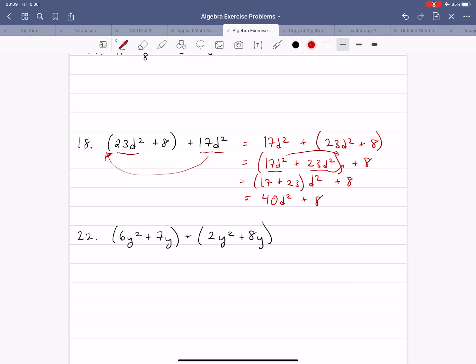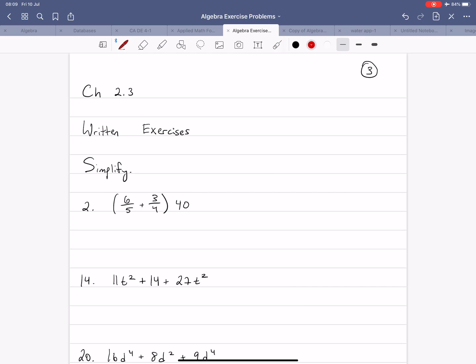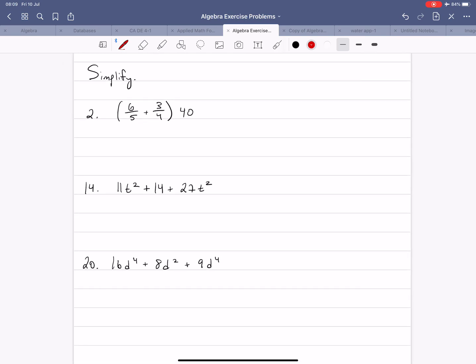And that's as simplified as I can get because I can't combine two terms where I've got a d squared and there's no d squared here. So I can't combine those two terms. So I'm going to box this as my answer. All right, let's do another one.